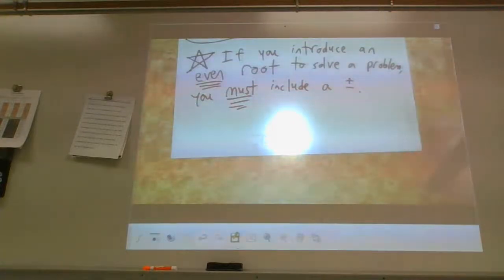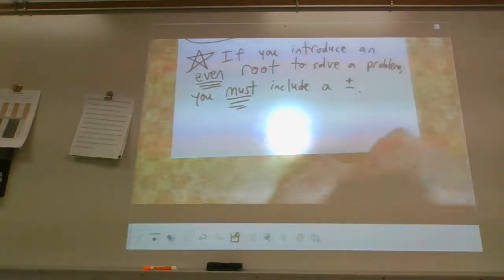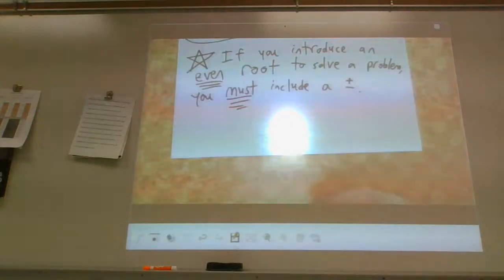And I'll show you what that looks like on a few of the example problems. But again, it's if you introduce an even root into the problem. The key phrase is if you do it.